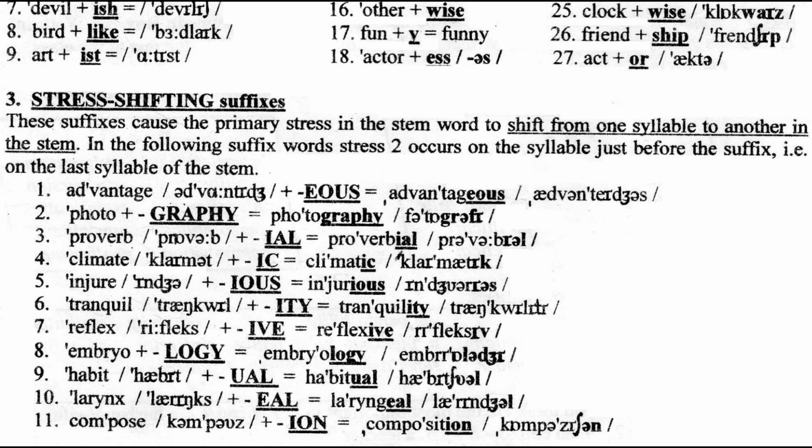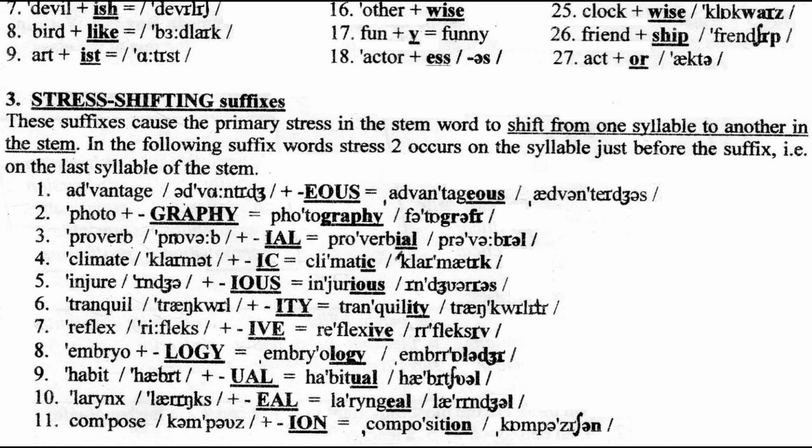In the following suffix words, stress 2, or the primary stress, occurs on the syllable just before the suffix, i.e., on the last syllable of the stem, not of the word, on the last syllable of the stem.